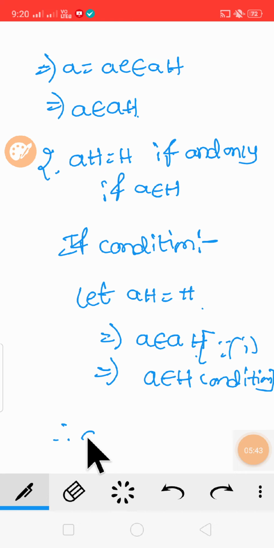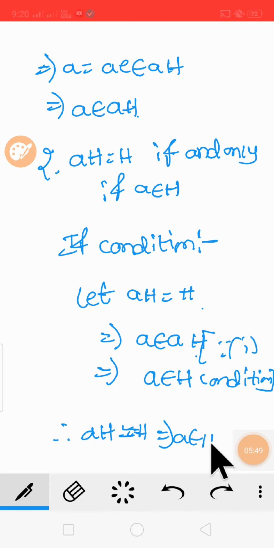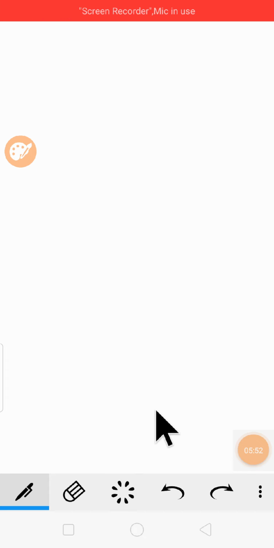Therefore aH = H implies a belongs to H. The if condition is true.